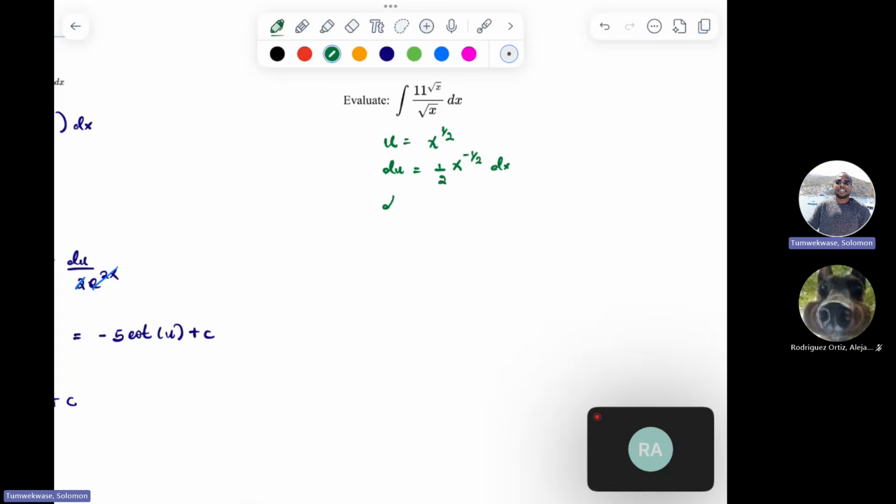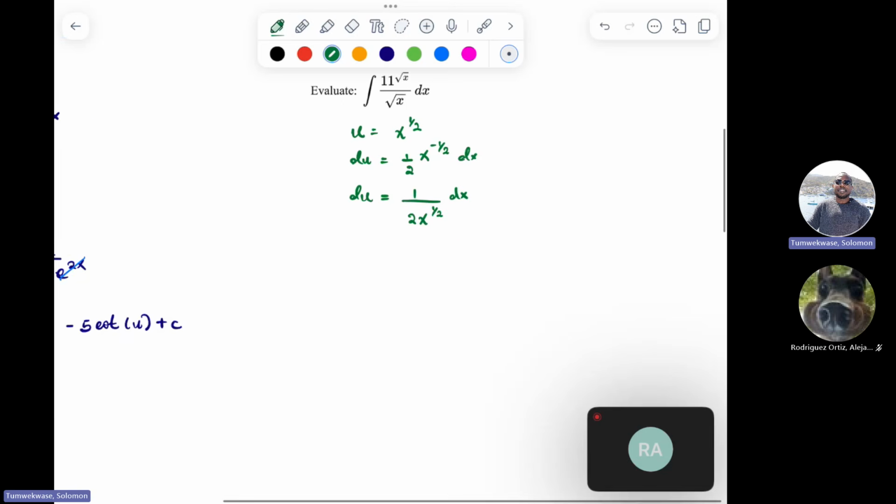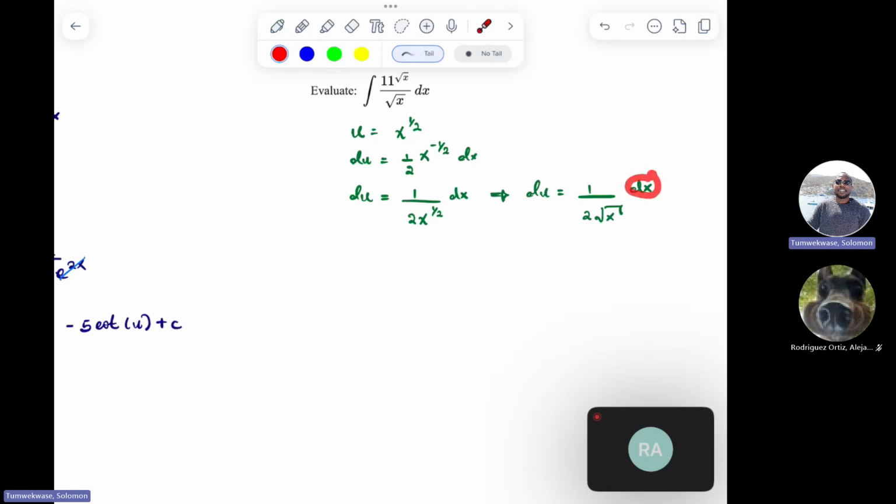I want to write that nicely, du is the same as 1 over 2 x to the power half, then dx, I hope you remember that. And I can actually say du is the same as 1 over 2 square root of x then times dx. So wherever I have dx, when I multiply both sides by this guy, dx is the same as 2 square root of x times du.